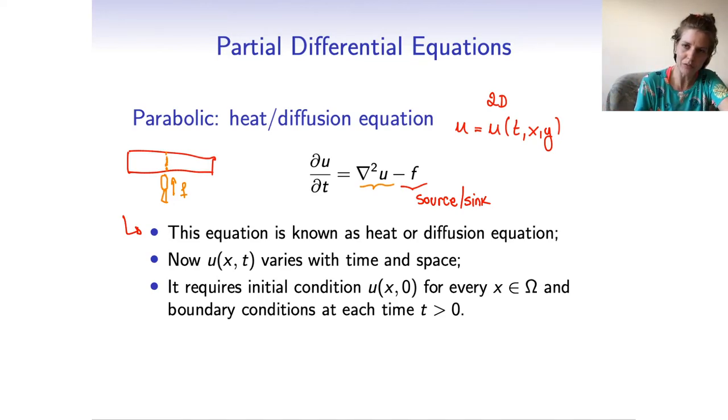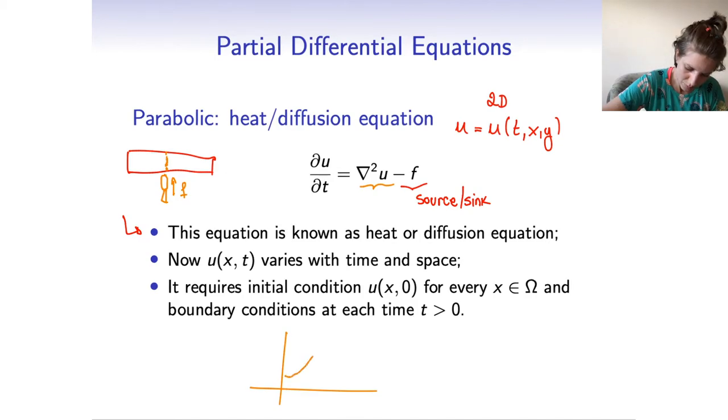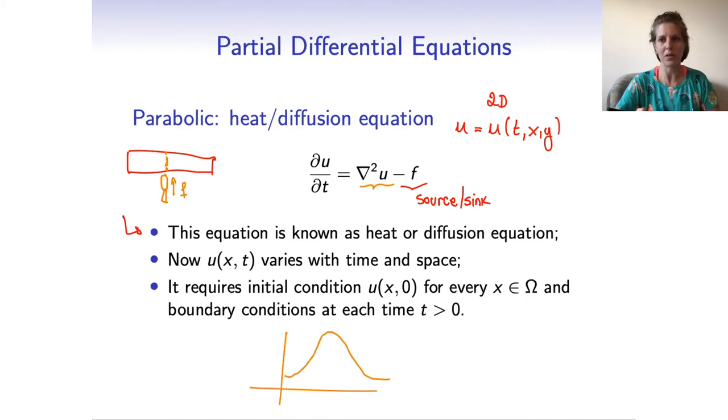The effect of diffusion usually is to make things homogeneous, okay? So if you start with some concentration, or some heat distribution like this, the tendency is to reach some homogeneity.